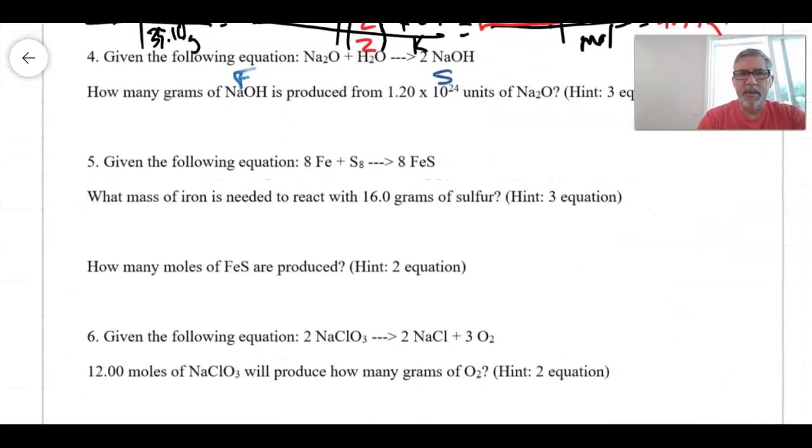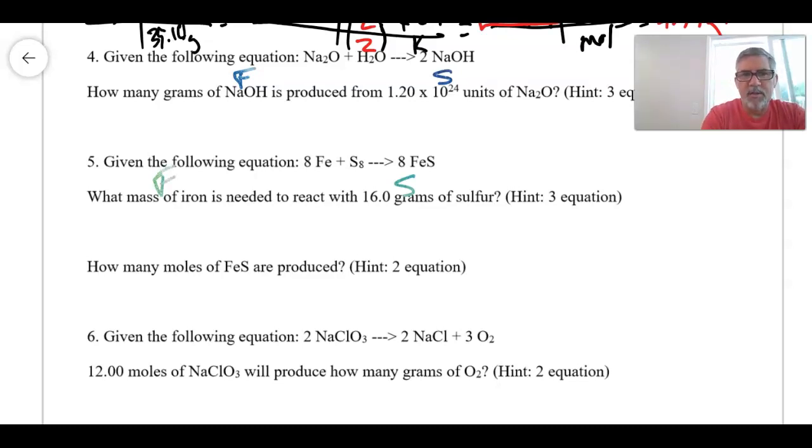For my next one, I have two questions here. What mass of iron do I have to react with 16 grams of sulfur? This is going to be my start and my finish.